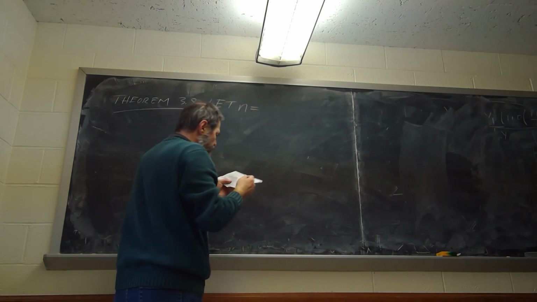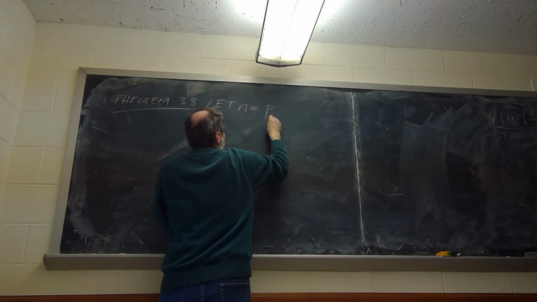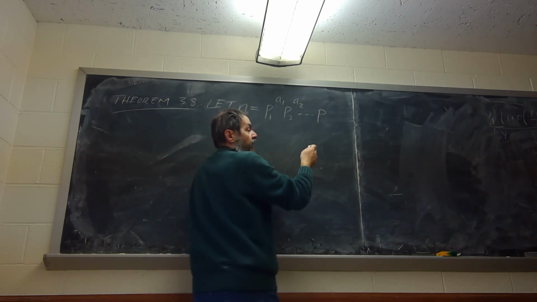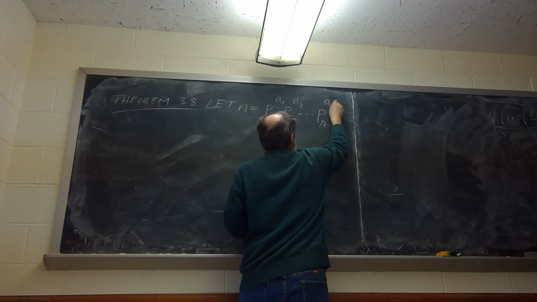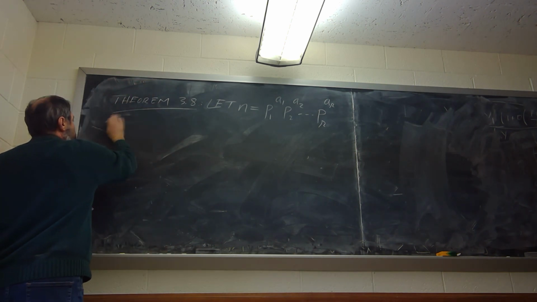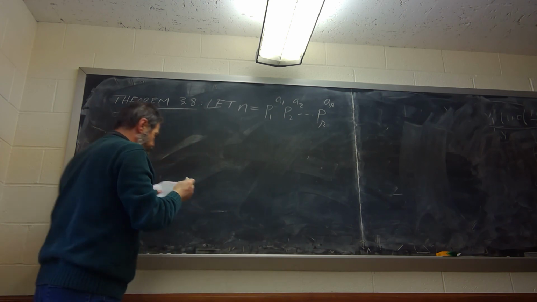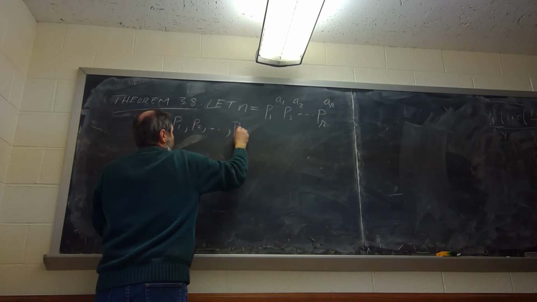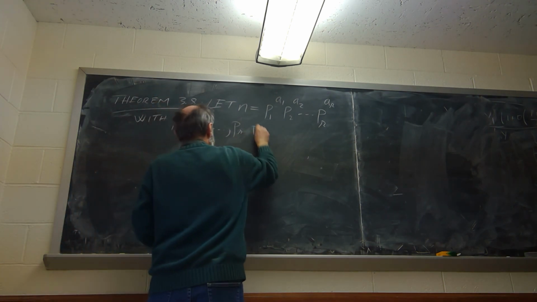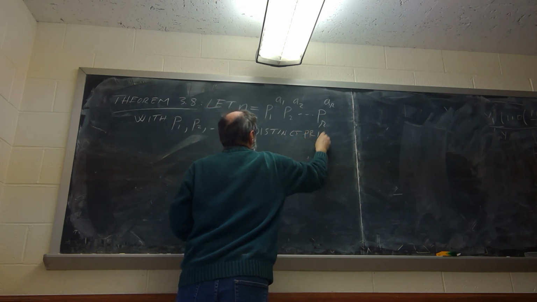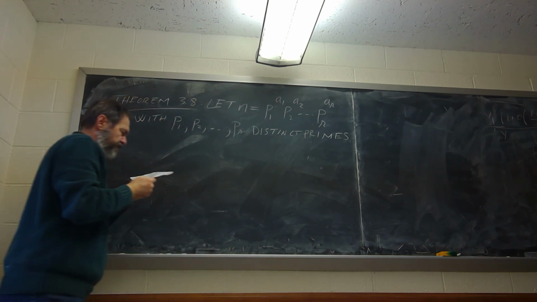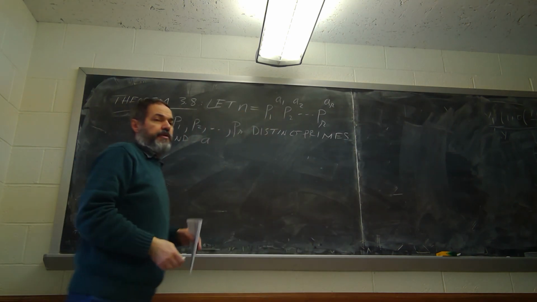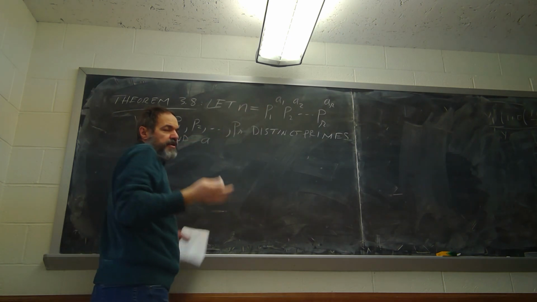Let n be a number. We look at the prime factorization: P1 to some exponent A1, P2 to A2, and so on, say R primes, to the A sub R. Where these are distinct prime numbers, as usual, P1, P2, up to PR.